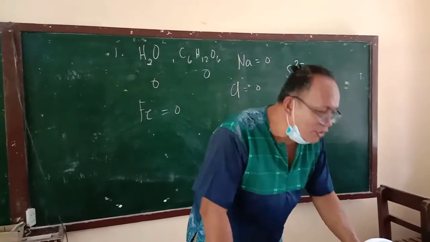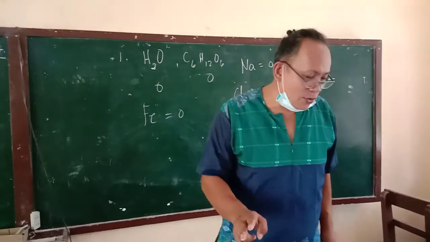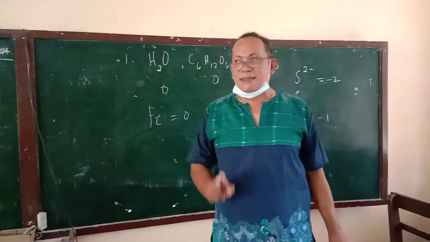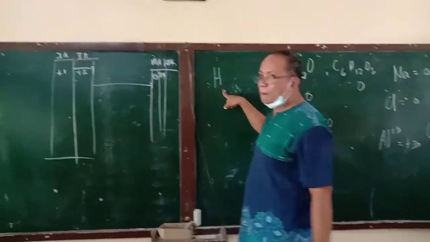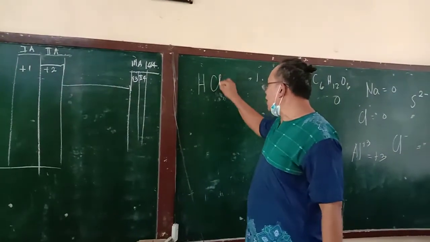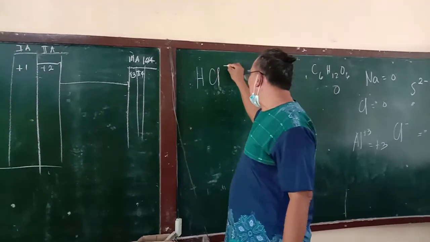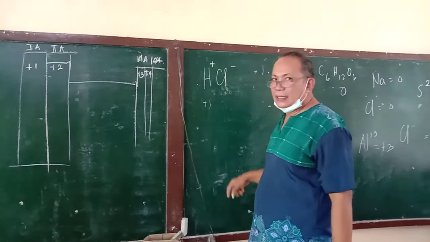Next, hydrogen. Hydrogen has two possible oxidation numbers: positive 1 or negative 1. Positive 1 when bonded with non-metals. For example, hydrogen can be positive 1 if it is paired with another non-metal. So chlorine is negative and hydrogen is positive. So hydrogen is positive 1.